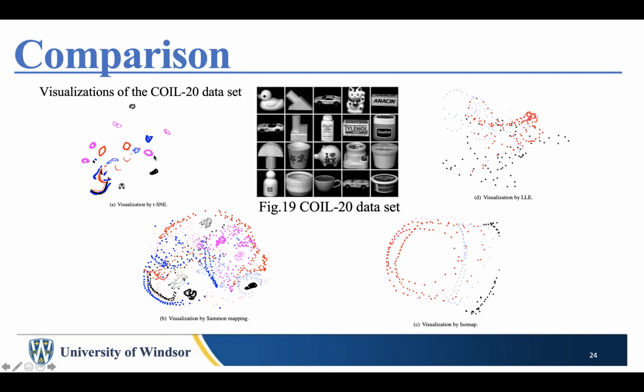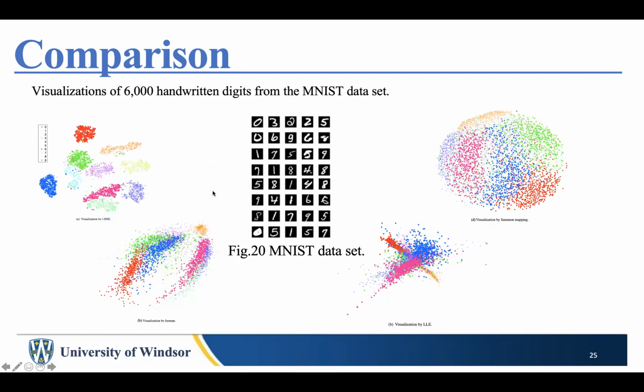In addition, Isomap and LLE only visualize a small number of classes from the COIL-20 dataset, because the dataset comprises a large number of widely separated submanifolds that give rise to small connected components in the neighborhood graph. Again, we apply the t-SNE, Sammon mapping, Isomap, and LLE on the MNIST dataset.